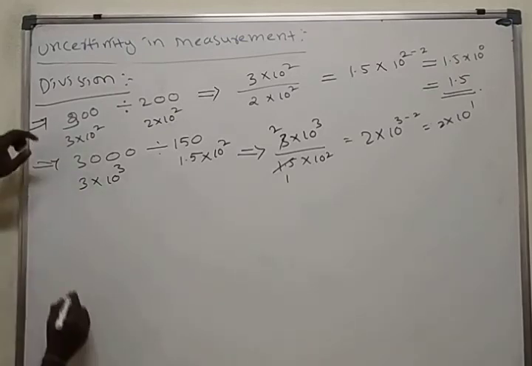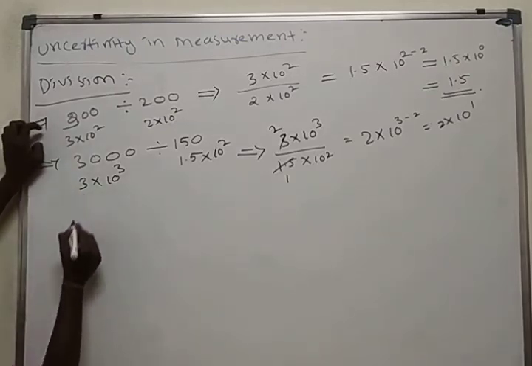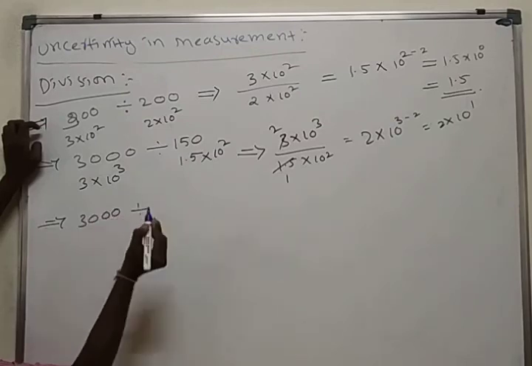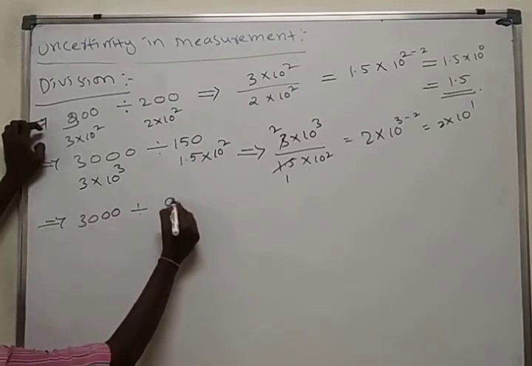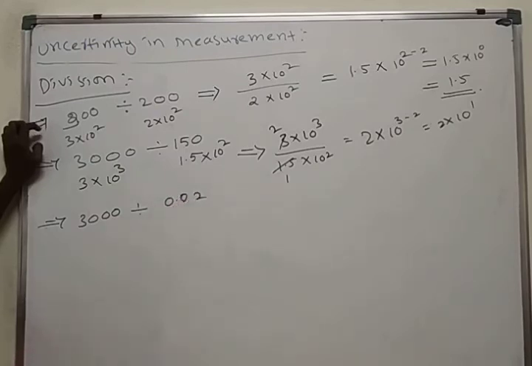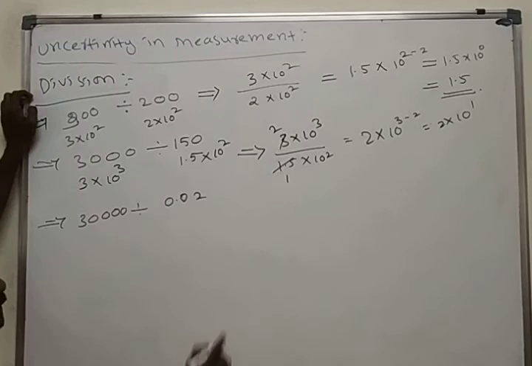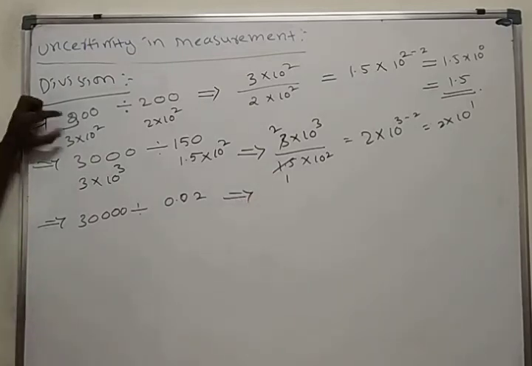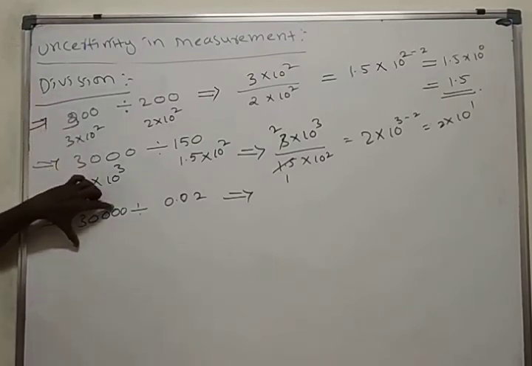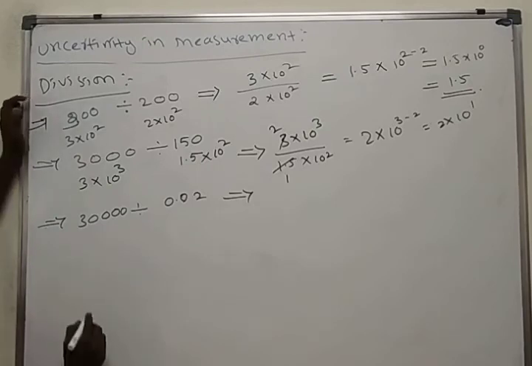Okay, here for example, I am taking 30,000 division with 0.02. See, first I took a simple number, and in continuation complexity increases.